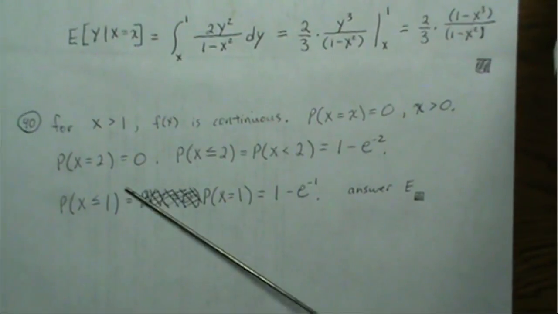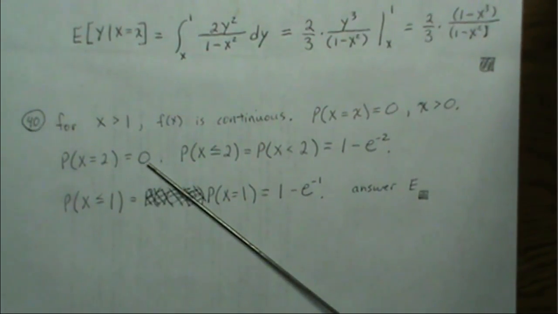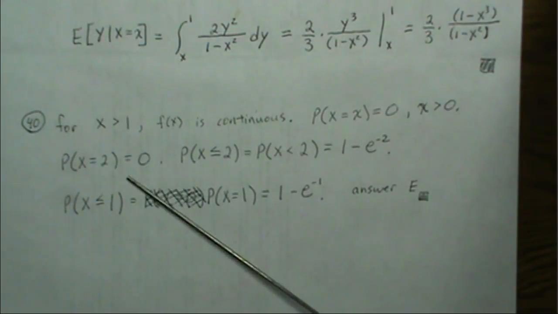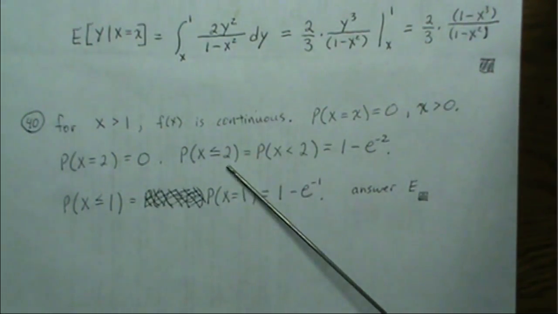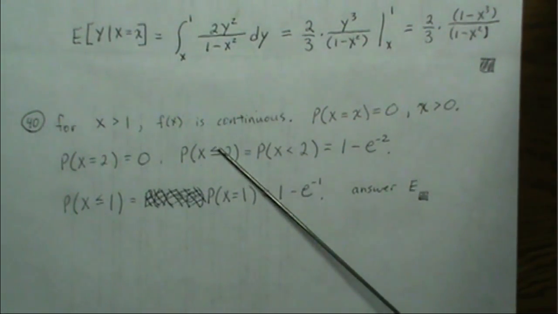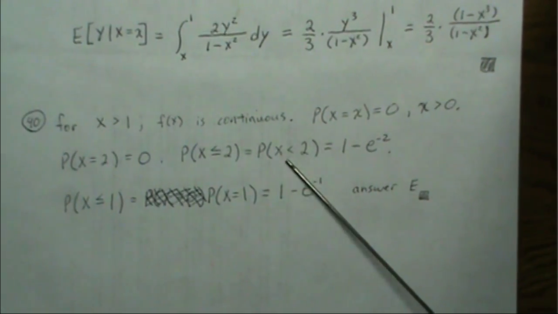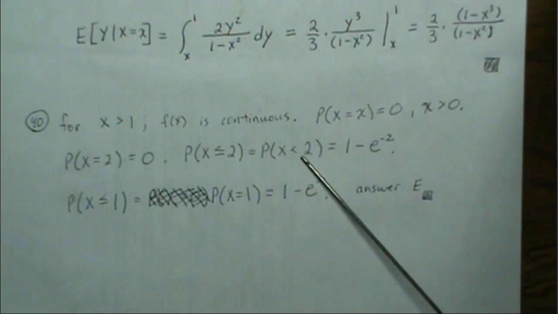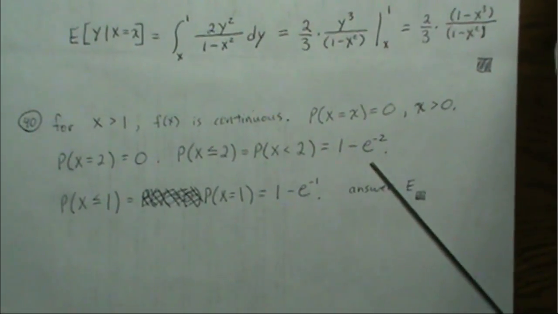So this means that the probability that x is equal to 2 is 0. So that implies A, B, and C are not solutions. They can't be. So now we know that the probability that x is less than or equal to 2 is the same as the probability that x is less than 2 because it's continuous and the probability of a point is 0. So we're in this setting.